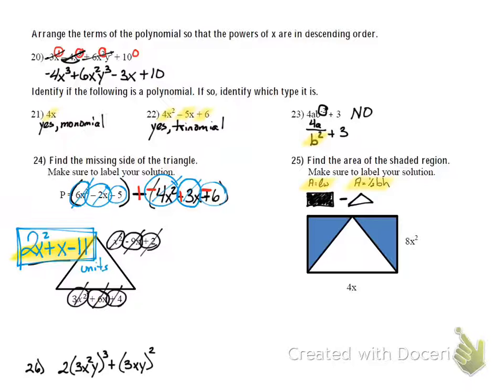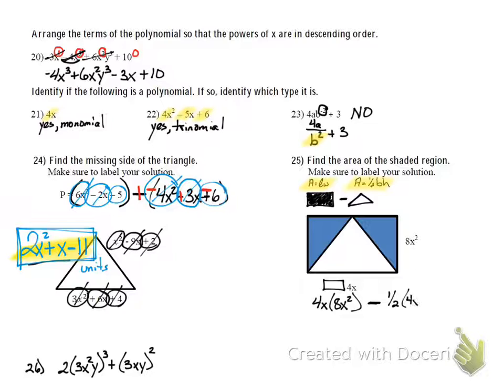So for the area of the rectangle, we're going to take 4x and multiply it by 8x squared. And again, that would be the area of the rectangle. Then we're going to subtract the area of the triangle, which is going to be 1/2 times base times height.